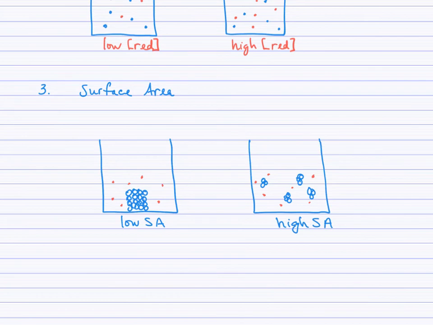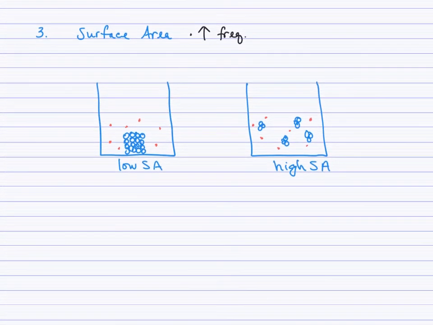The point is more of the blue particles are now available to have collisions with the other reactant red particles. So increasing surface area increases the frequency of the collisions that can occur. So we haven't changed the percentage, but again, as with concentration, we've increased the frequency of the collisions. And so both surface area and concentration affect rate for the same reason. They increase the frequency of collisions.